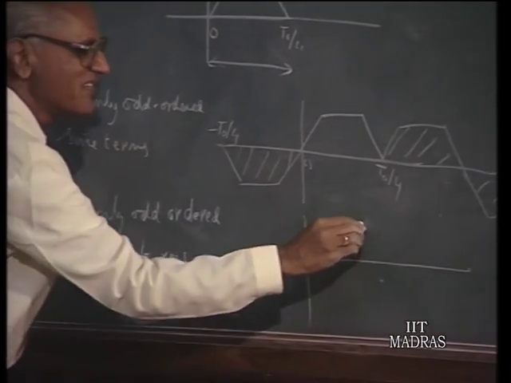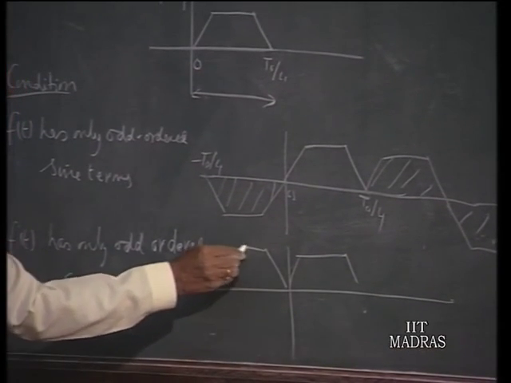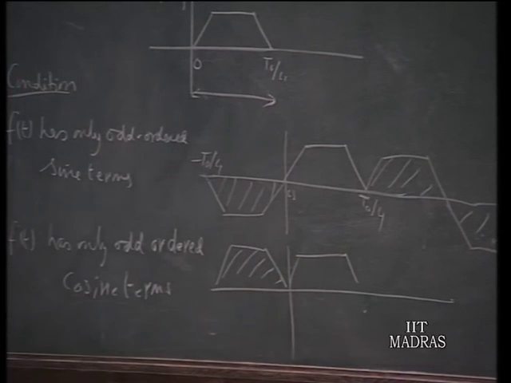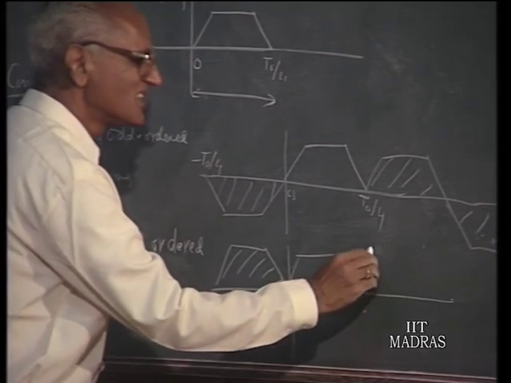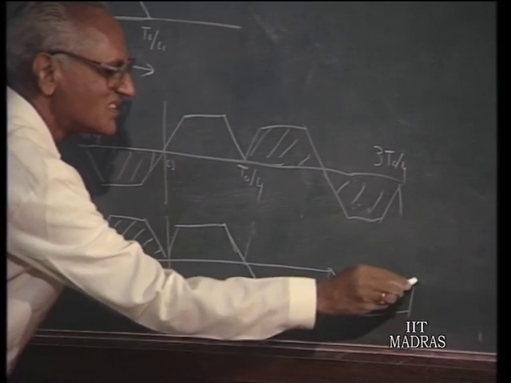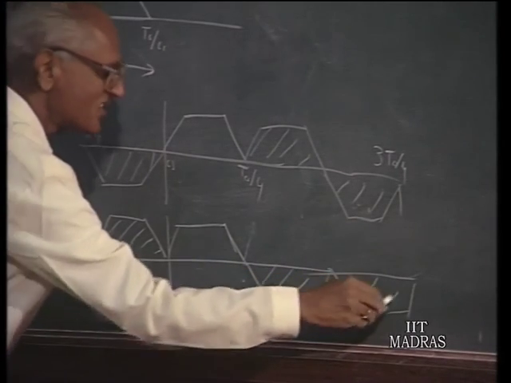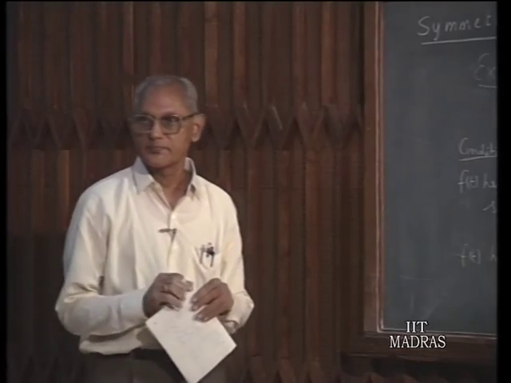This is the waveform that is given to us, and since it has only cosine terms, it is an even function, therefore, this would be the situation from minus t naught upon 4 to t naught upon 4, and since it has only odd ordered harmonics, this entire waveform gets repeated with the negative sign. So, this is the extension that we are having, and that would be the situation for a case where f of t has only odd ordered cosine terms.